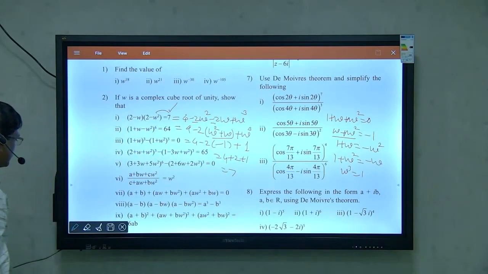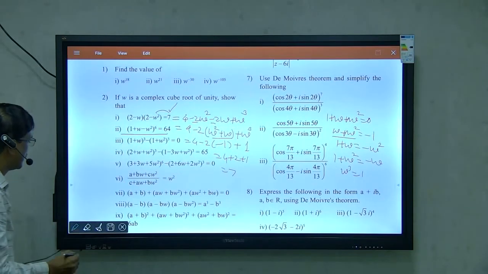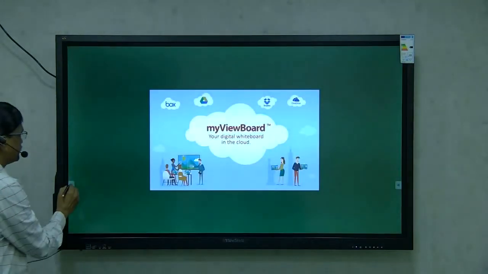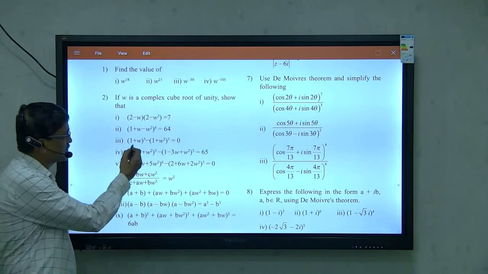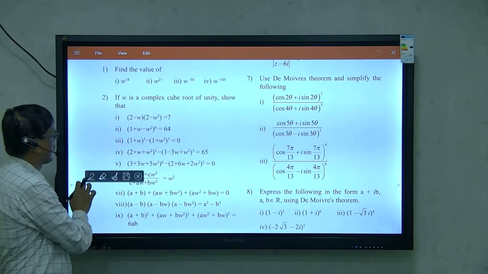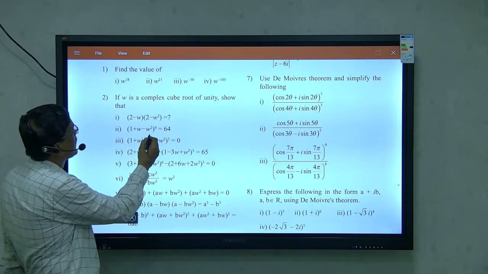Now let us take the next example, the second example. (1 plus omega square) raised to 6.